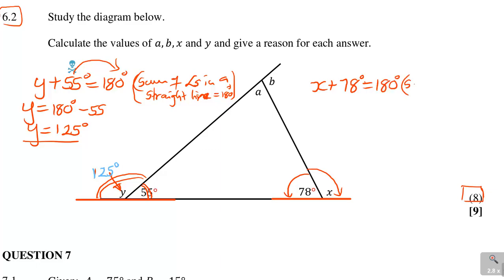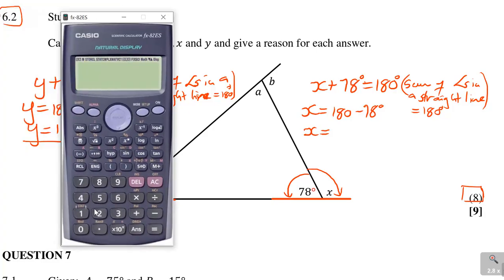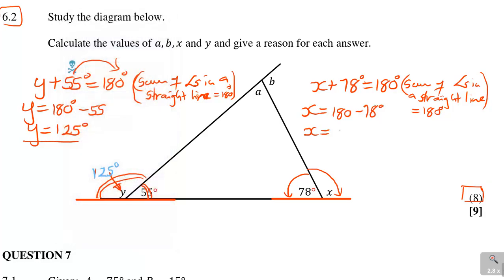Reason: sum of angles in a straight line equal to 180 degrees. Do the same thing: x is 180 minus 78 degrees. On the calculator, 180 minus 78 gives me 102. So this is the value of x, which is 102 there.